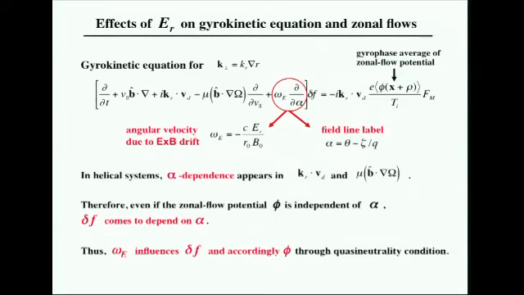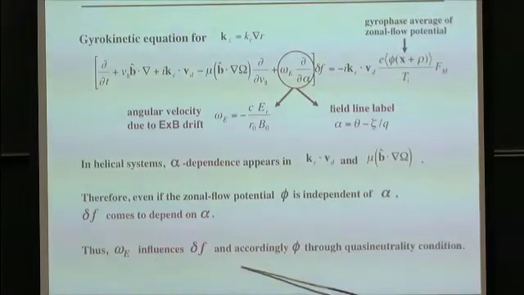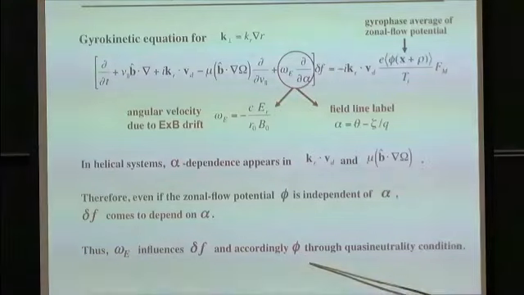That means delta F, even when directly related to zonal flow, has a dependence on field line label, and this E cross B drift is very influential on delta F. Therefore, while the zonal potential phi is independent of alpha, the delta F part of the distribution function comes to depend on alpha. Thus, this E cross B drift rotation influences delta F, and accordingly the zonal flow potential through the quasi-neutrality condition.